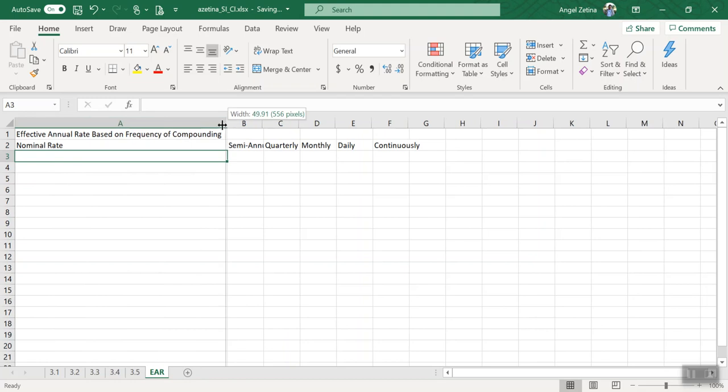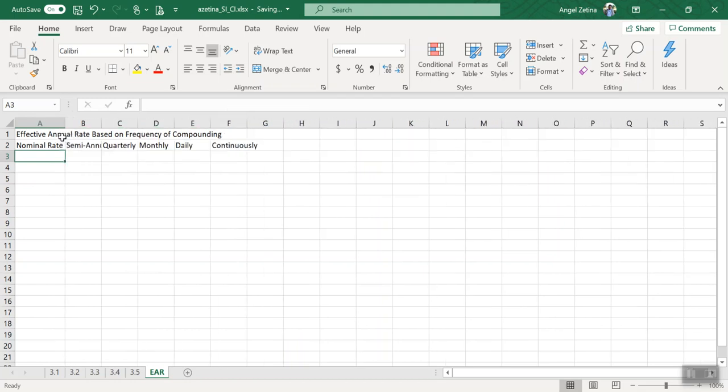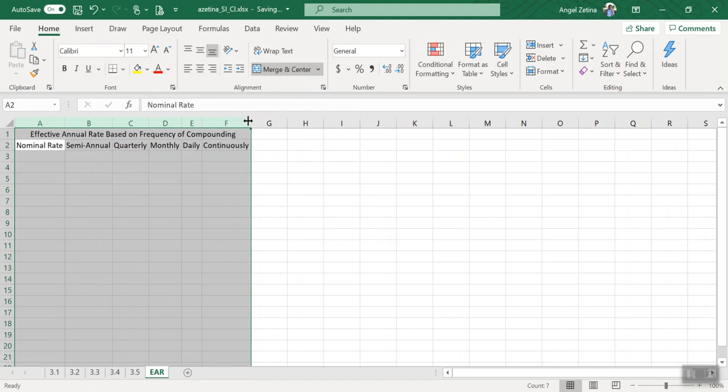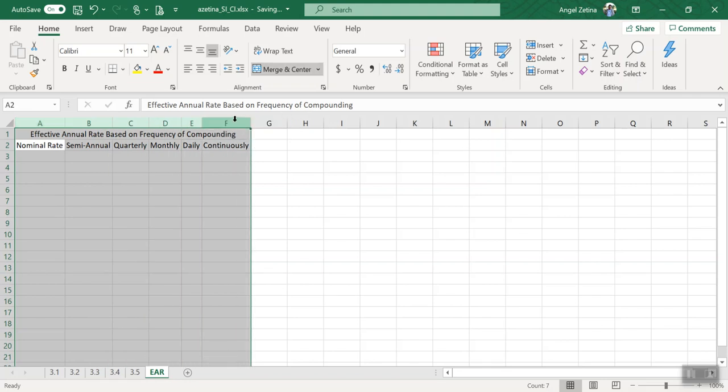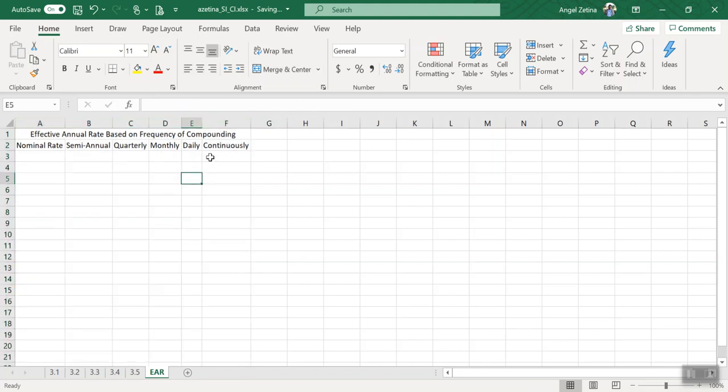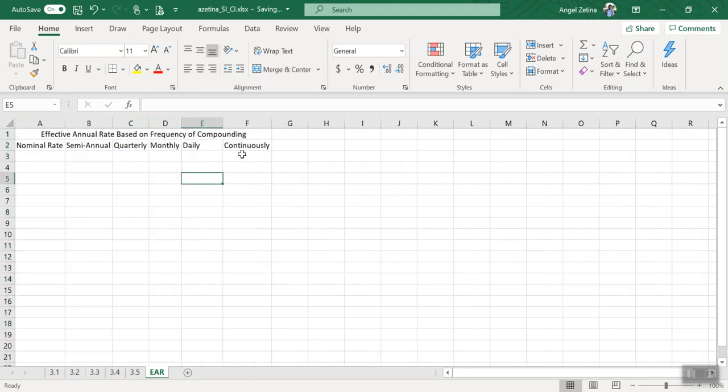So what we're going to do is format the cells so that it fits. I'm going to merge all of these cells here into one. So what I did there is selected all the cells so that they fit into the column. We can expand it a little bit. Center this so that all of them are centered.